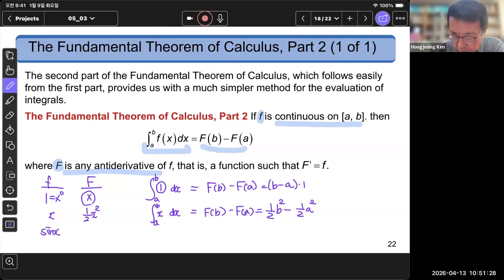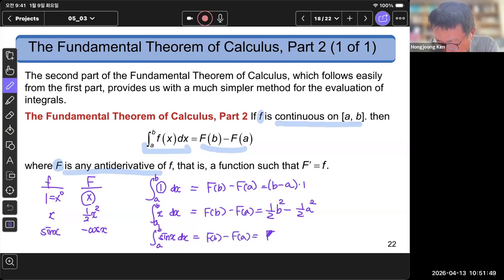The antiderivative of sine is negative cosine. So if I integrate the sine function from a to b, F is negative cosine. So you get negative cosine b minus negative cosine a.